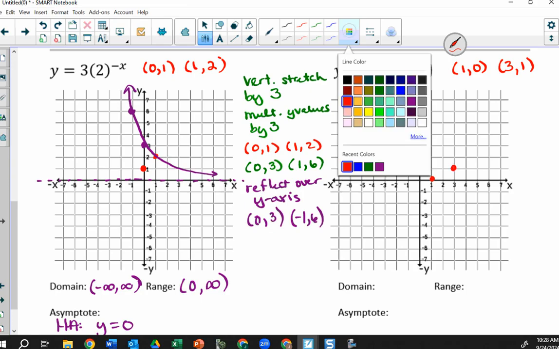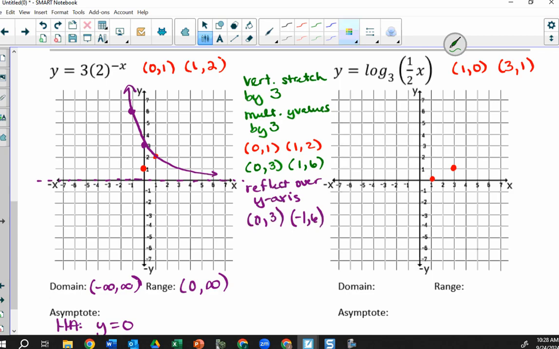I actually only have one transformation happening this time. It is inside with the x. Is it impacting our x values or our y values? X values, yes. It looks like 1/2 times the x value, right?